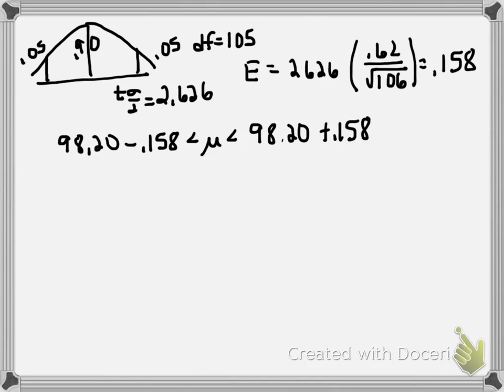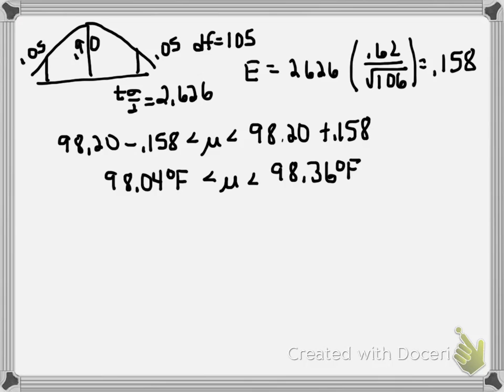So we want to do the adding and subtracting and round to 2 decimal places, just like the sample mean. So on the left side you should get 98.04, and we do have a label, degrees Fahrenheit, is less than the population mean, is less than, on the right side you should end up with 98.36 degrees Fahrenheit.